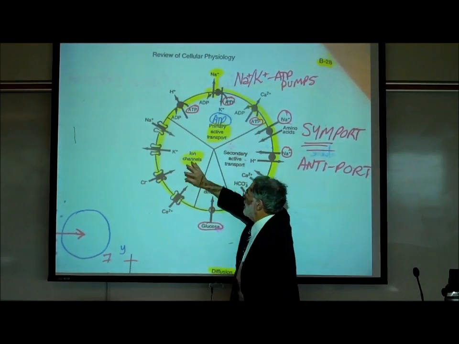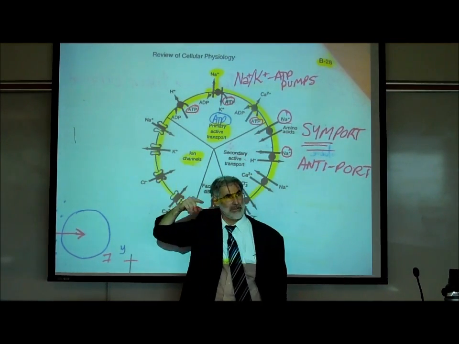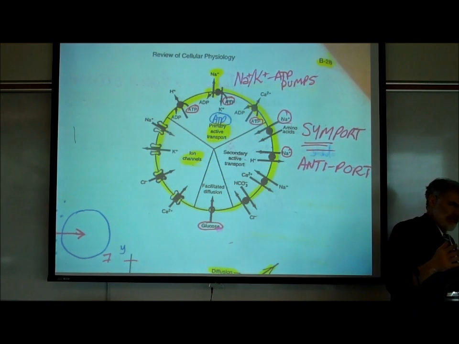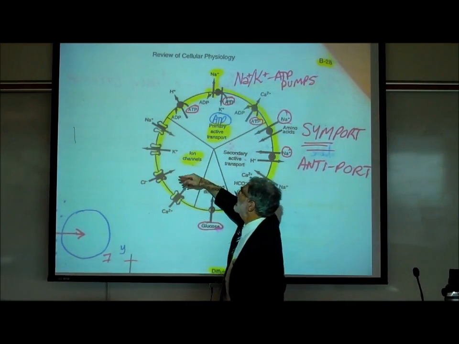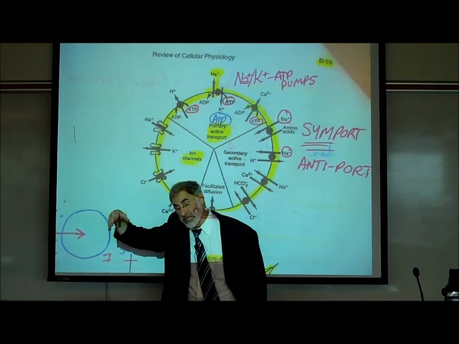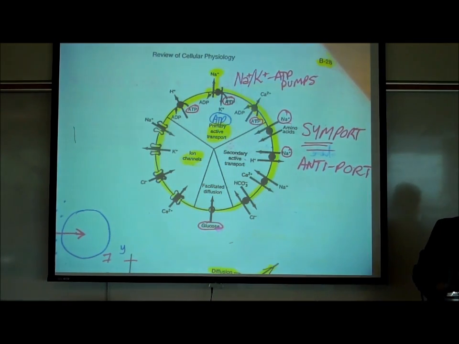Ion channels are simply tube-shaped proteins that can open or close. Most of the time, are they open or closed? Closed. They're usually closed, but they can be open. When they do open, they allow ions to simply flow, to diffuse down their concentration gradients.